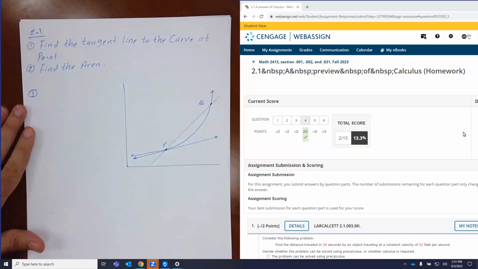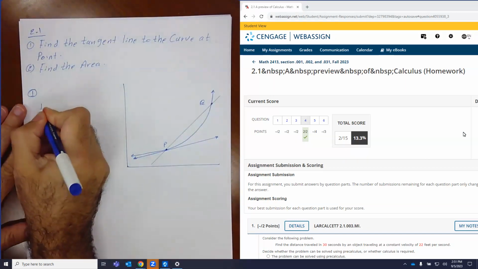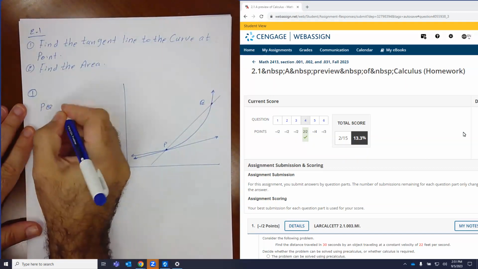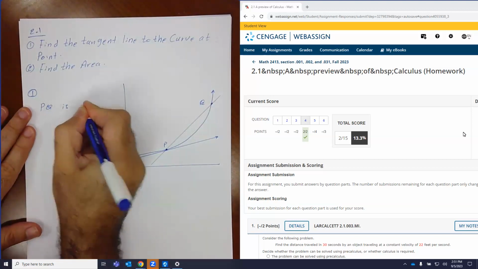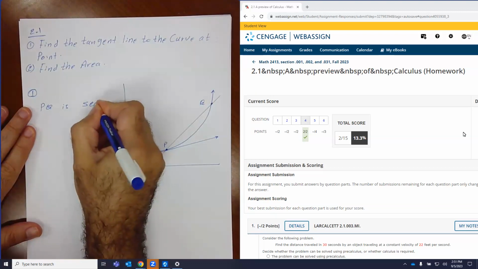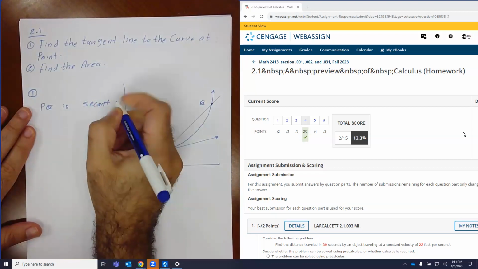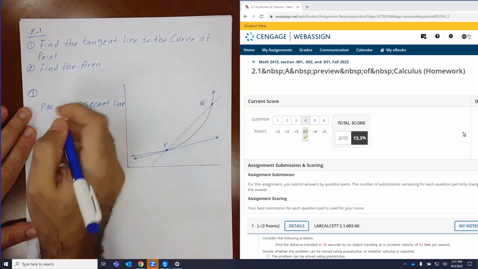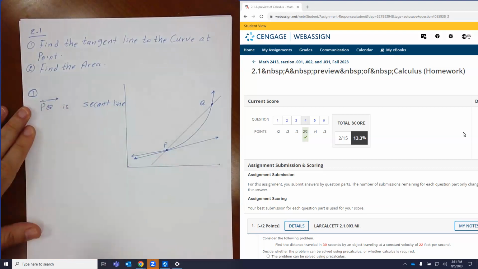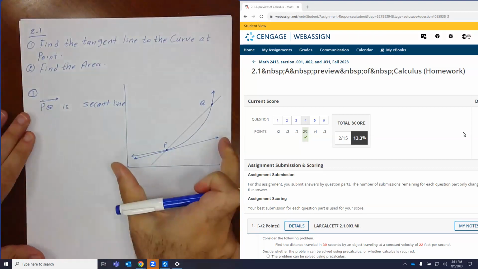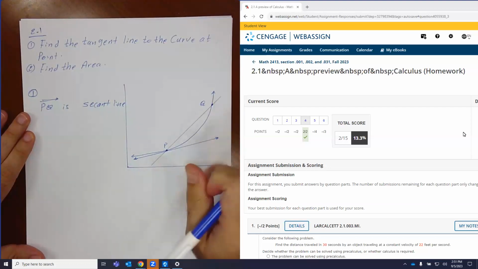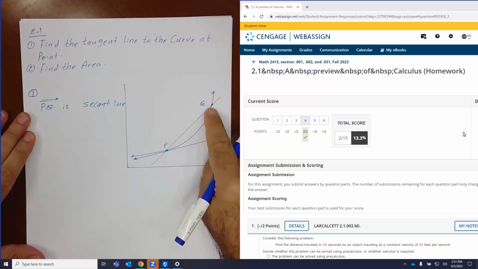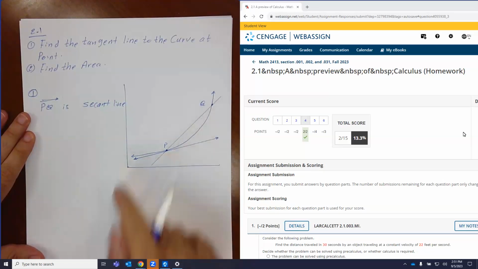So the line PQ is a secant line. Now, our goal again is to find the tangent line. Now we have a new line, a secant line between the points P and Q, these 2 points on the curve.